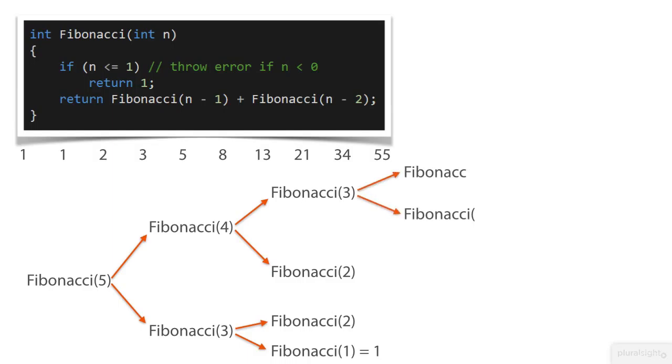Fibonacci of 3 results in two new calls, namely Fibonacci of 2 and Fibonacci of 1, like we have seen just before. Fibonacci of 2 results in two new calls, Fibonacci of 1 and Fibonacci of 0, both of which returns with a 1 instead of continuing the recursion.